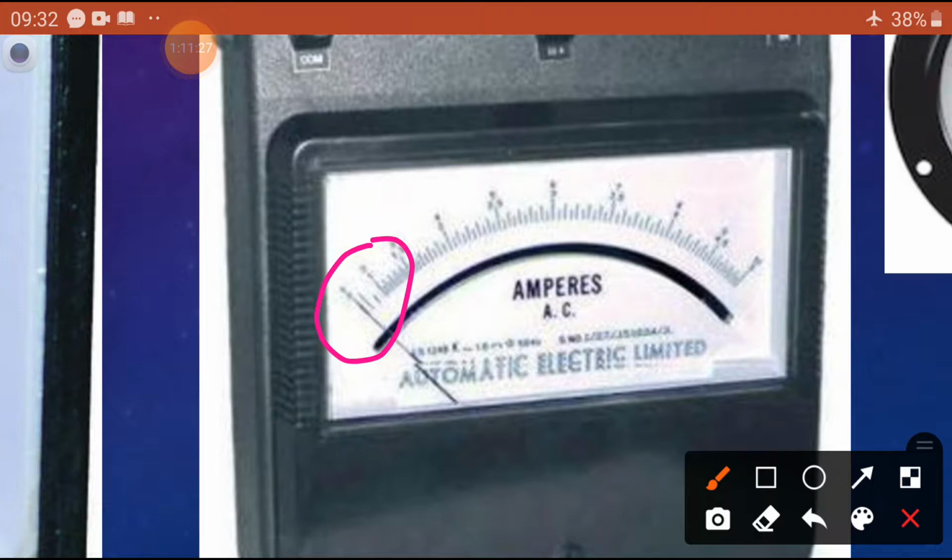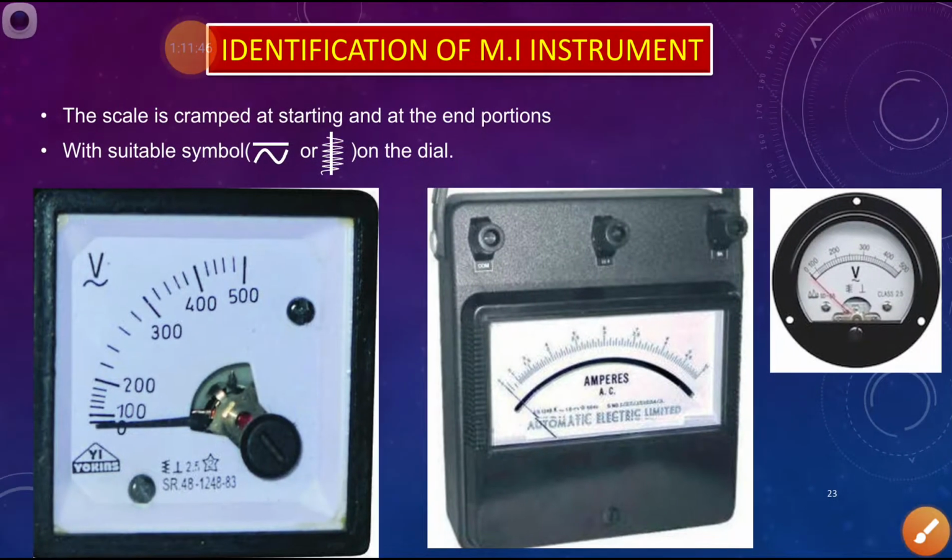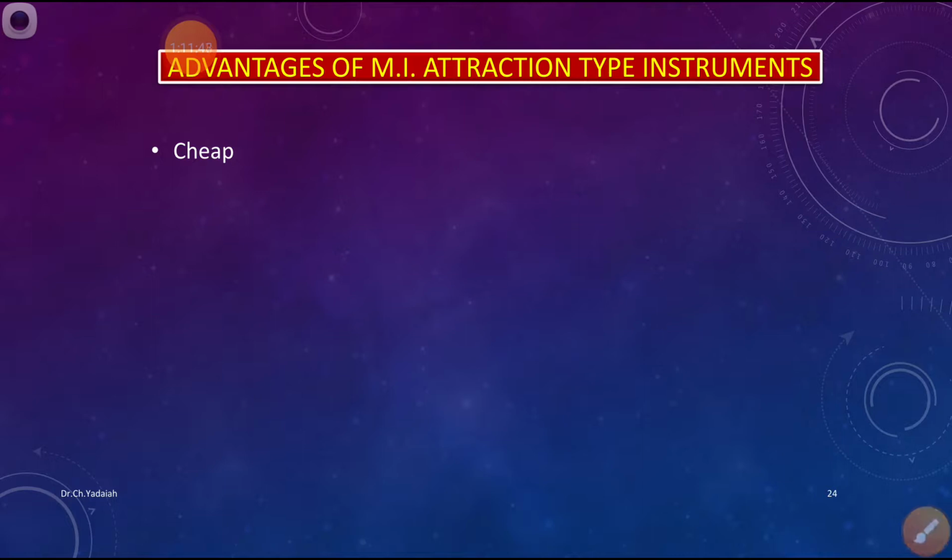Sometimes there are no readings left, blank, and you assume based on the scale distance. You can see the distance between the 2 points. Here the scale is different, here is a small distance.